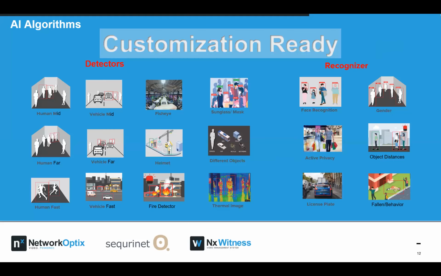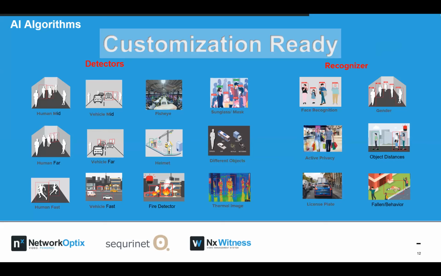Okay, leading up to some video clips I want to show you. We talked briefly about customization. We have in the meantime a lot of different detection and recognition algorithms available on the AI box and the other products.